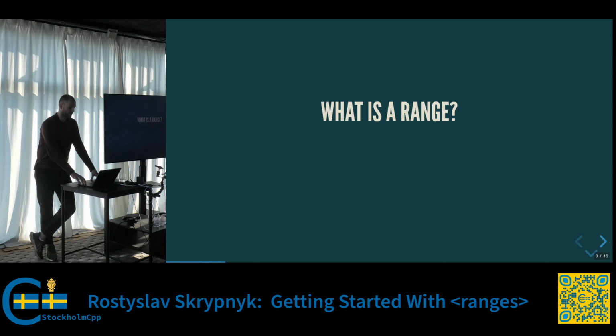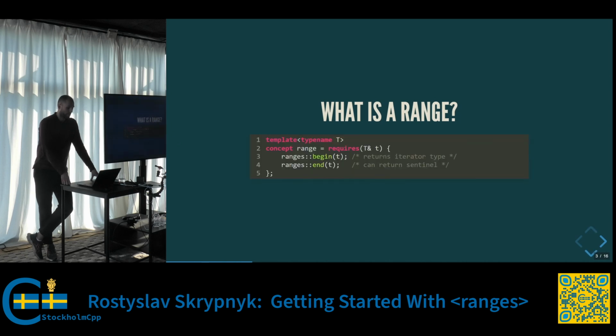So what is a range? Range is defined as a concept, and it's another C++20 feature that allows us to constrain the template parameters. If you're not familiar with concepts, this just says that it is required from a type T to provide begin and end functions.